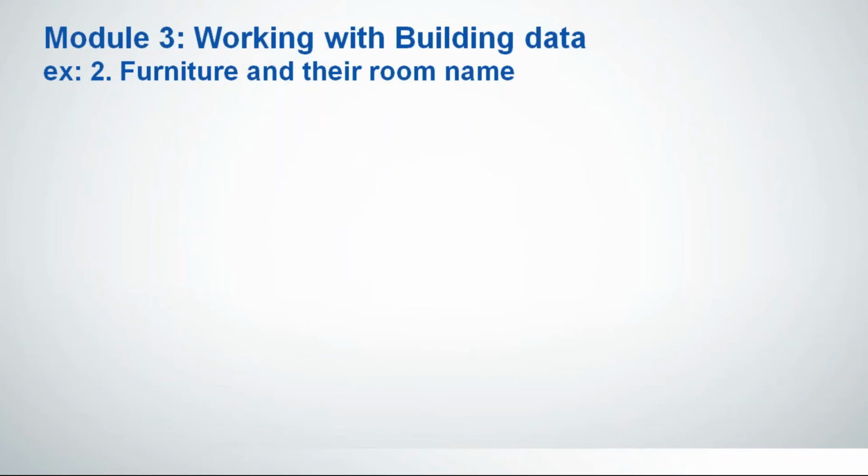So we are trying to get all the parameter values of which room each component is in, and we will put those values as a parameter value on the furniture component.